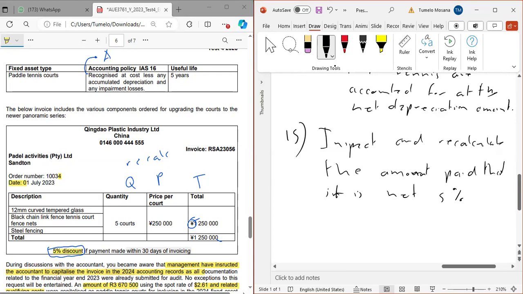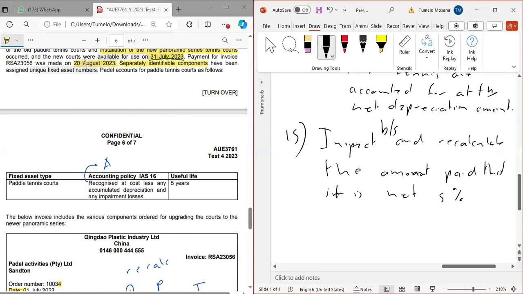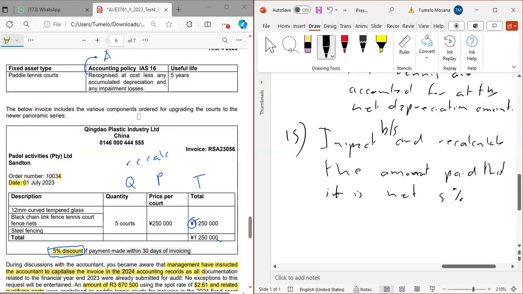So basically, we'd inspect the bank statement, because if I look at this, it says when we made payment. We made payment on the 20th of August, right?